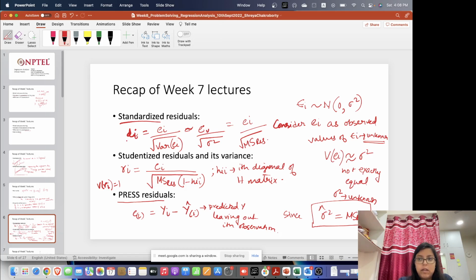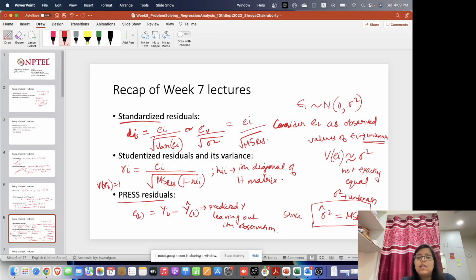Please make sure that you note the notations by which each of the residuals is denoted, because sometimes in questions, if it is not mentioned otherwise, then these are the standard notations that will be followed. So please note that e_i will, unless mentioned otherwise, mean the normal residuals.